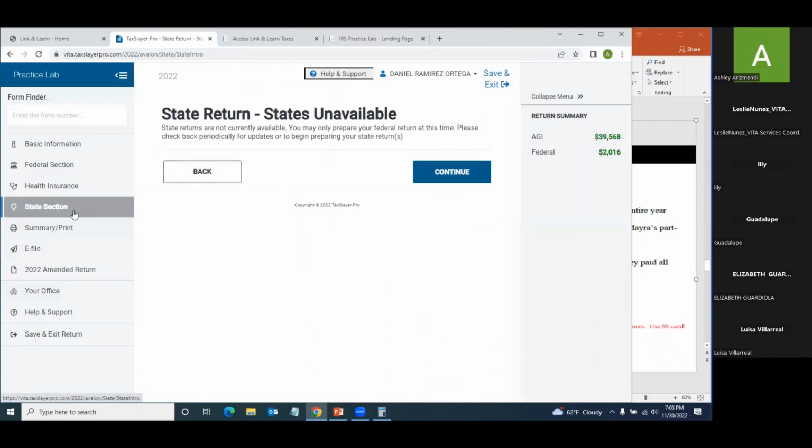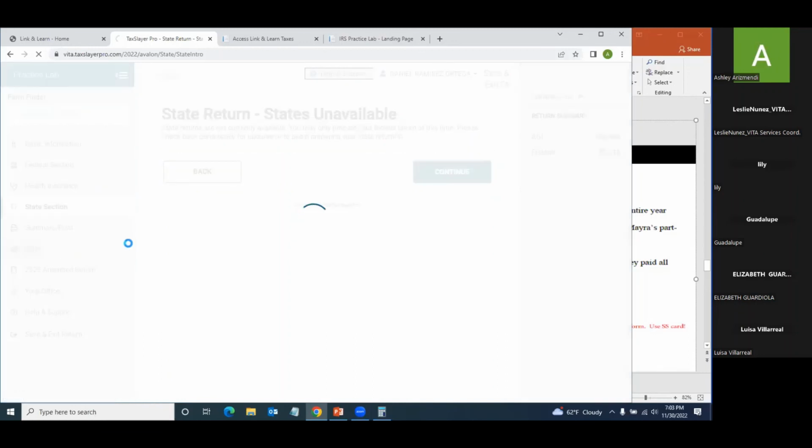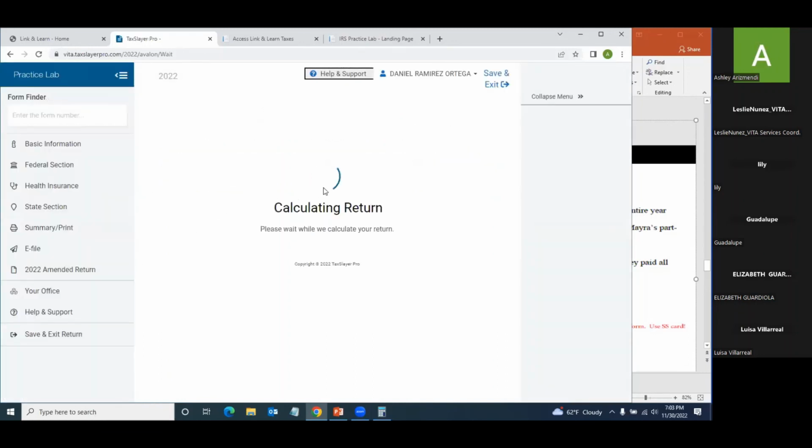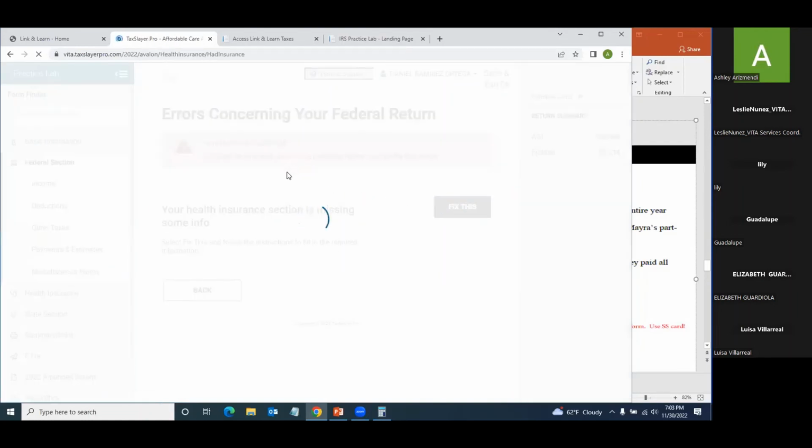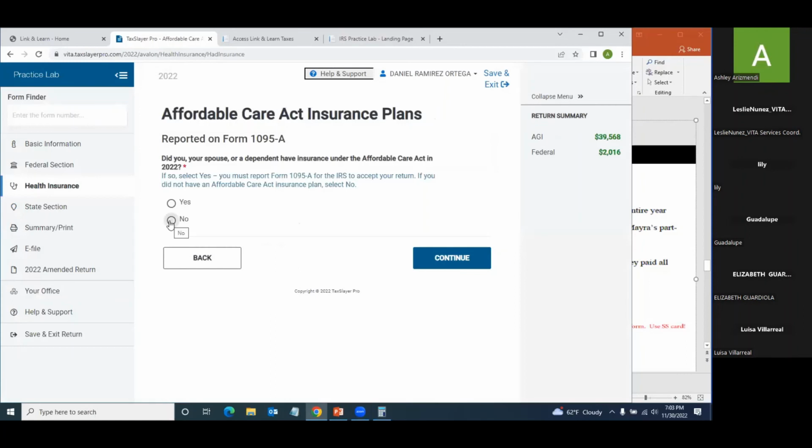We'd go to the state section because it will generate a refund for them here too, or if they owe that state any money. And then, of course, at the end, we'd go to the e-file part, the end of the return. Since we're not gonna do the health insurance today, we're just gonna put no here.